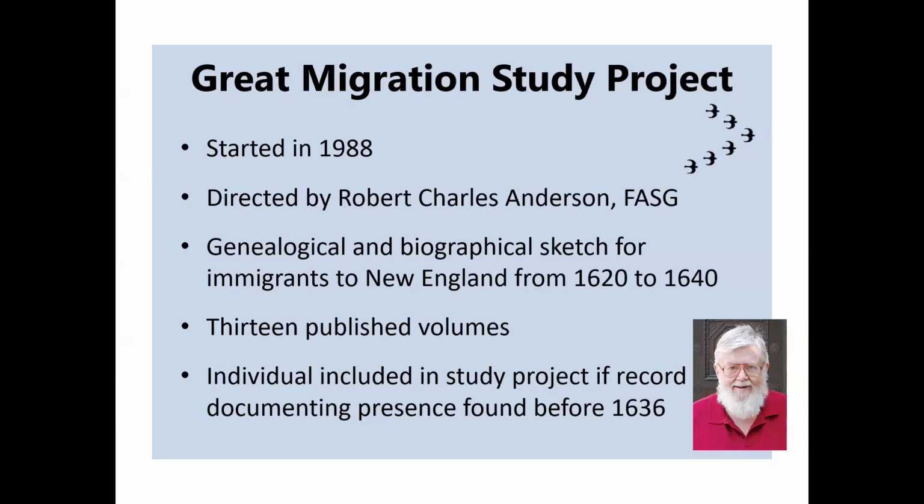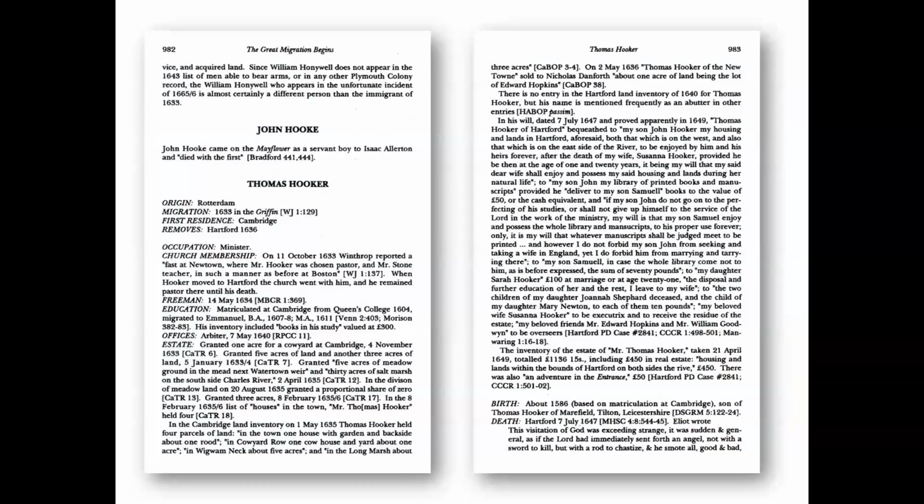From 1620 to 1640 is the Great Migration years. He was able to publish 13 volumes that got us up to and finished 1635. There is a new project going that is beginning in 1636. And so this study project will continue, although we sadly had to say goodbye to Mr. Anderson.